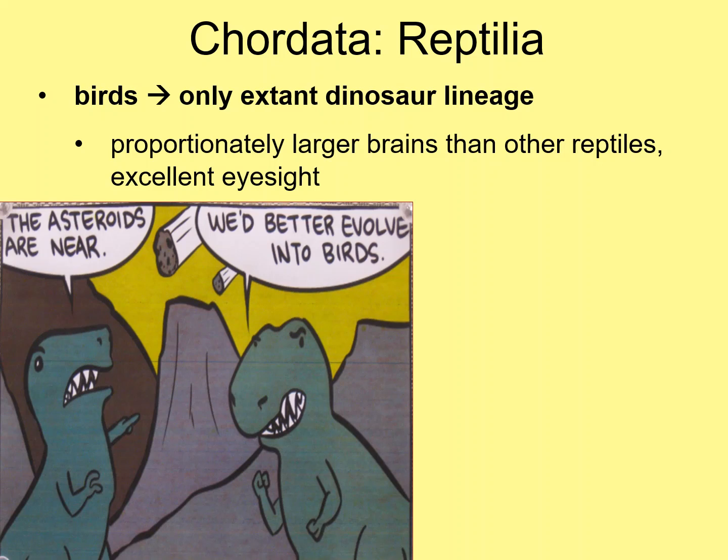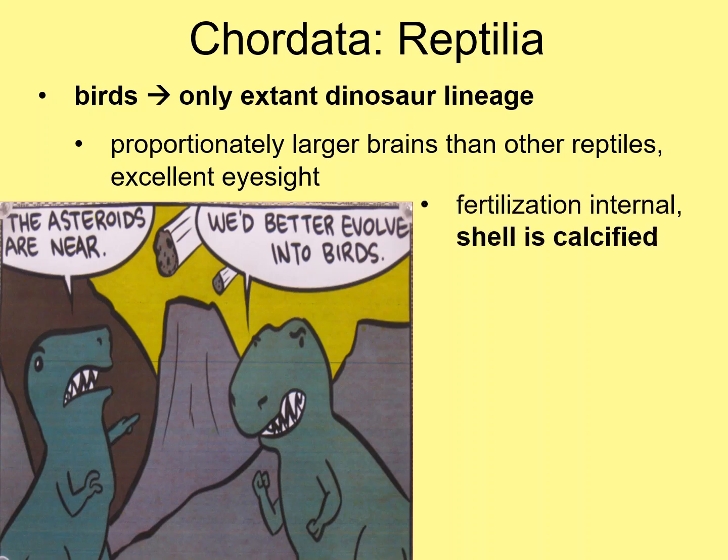But anyway, birds being our only living dinosaur lineage, they have a lot of characteristics we associate with predators, of course, excellent eyesight, very sensitive sensory systems in general, good hearing, things like that.